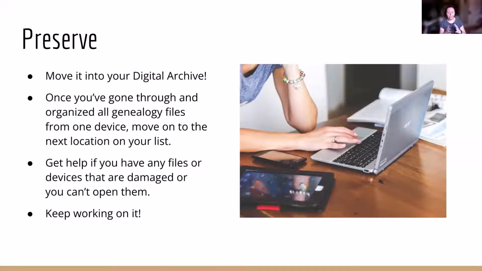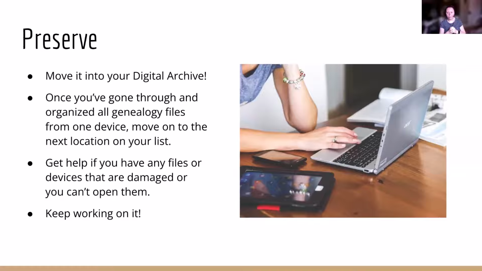Maybe there's technology on the computers at the library or a different library that can help you open those files, things like that. Maybe you can borrow a floppy disk reader from someone. My dad happened to have one still that was from floppy disk to USB, so I could access some of those floppy disks that we had.